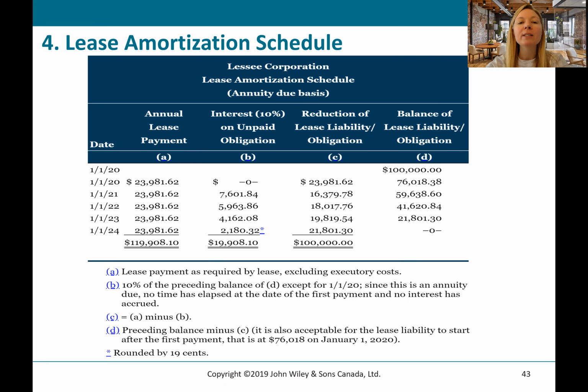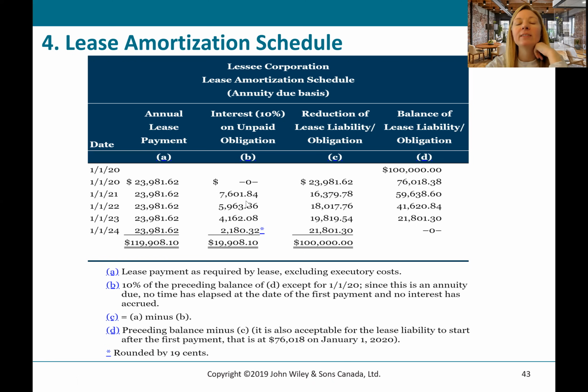So you can see that the interest on the first period is 0. Why is that? Because you could have calculated 100,000 times 10%. The reason for that is because this is an annuity due, so no time has elapsed at the date of the first payment, so no interest has accrued. So it's a nuance that you just need to get used to always putting into your lease amortization schedules, is that on day one, of course, you wouldn't have accrued any interest.